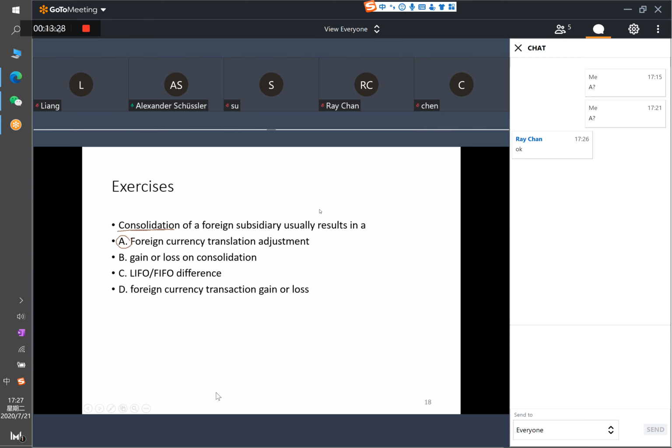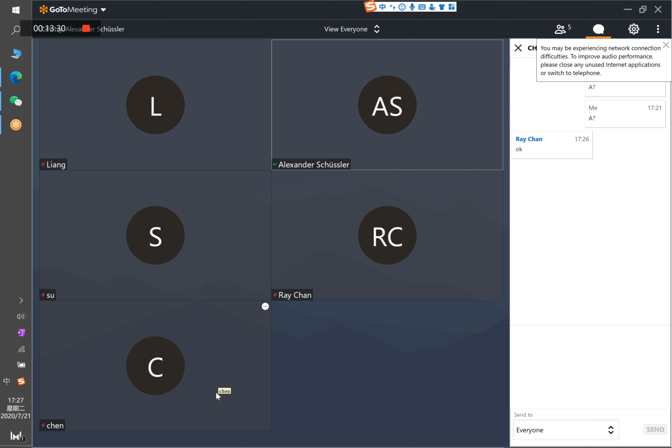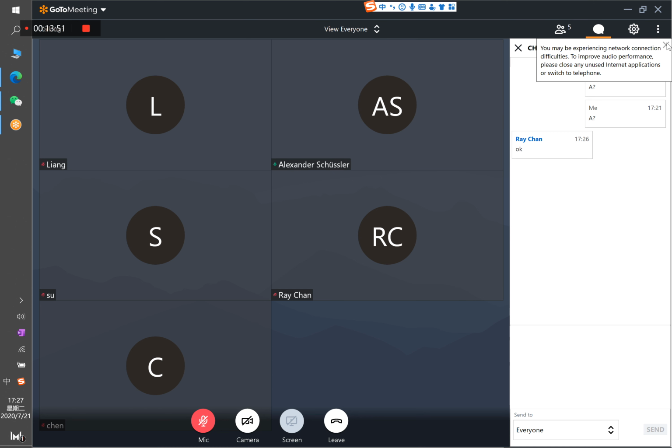This is in the slide: foreign currency translation adjustment. We also talked about this today.